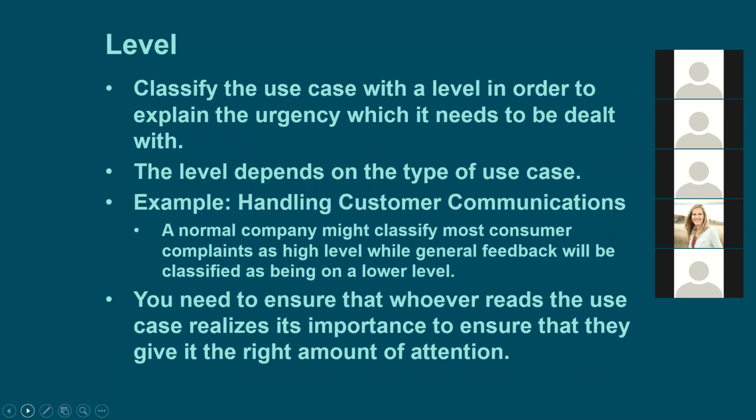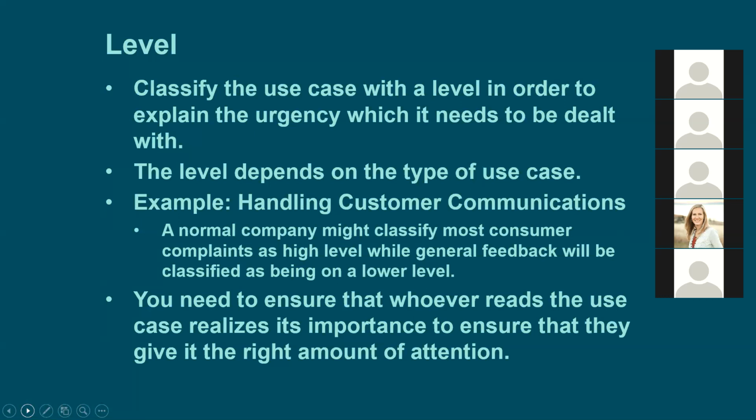So what is a level? Basically, what I got from this is that a level explains the urgency with which it needs to be dealt with. So the level can depend on the type of use case. For example, I'm thinking about a situation where I'm handling customer communications.